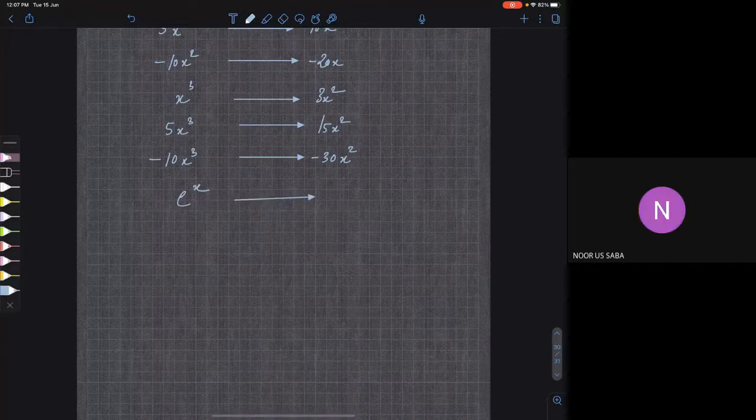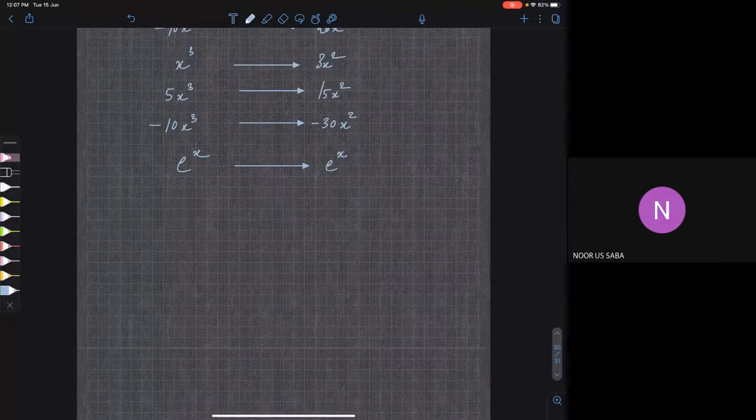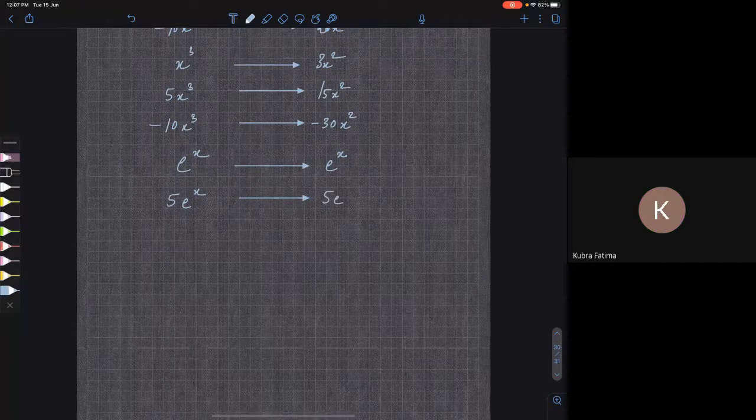We'll discuss e power x later, but I'm just repeating it several times so that you remember the derivatives. What is the derivative of 5 e power x? 5 e power x. So minus 10 e power x will be minus 10 e power x.